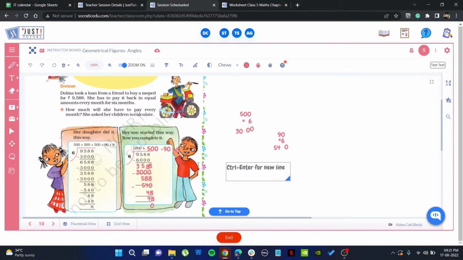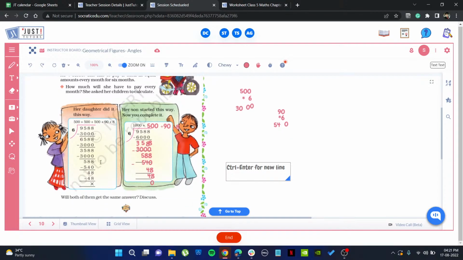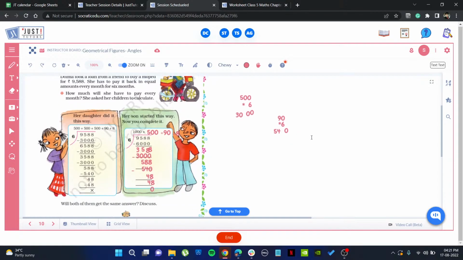So now we should add them. If we add them together, we get 1598. So this is the answer which we are getting here.